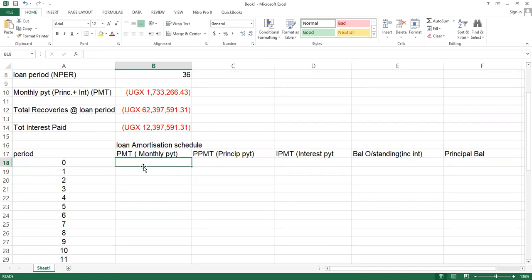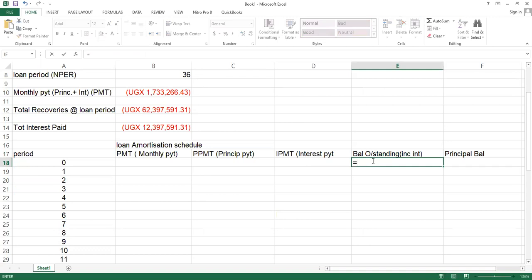Now, in period 0, if the loan has been disbursed, then the bank would expect to recover the entire 62 million. So I can say that now balance outstanding here at the end of period 0, equal sign, I click in this total recoveries.